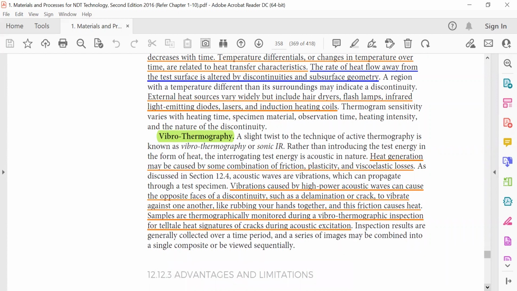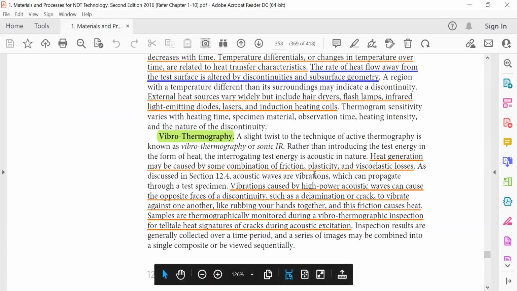If you look at the same side, where there is a delamination, you see a bright spot, meaning a heat spot, on the same side. But when you look from the back side or other side, you can see a cold spot because of the delamination. So that is the difference, not much.